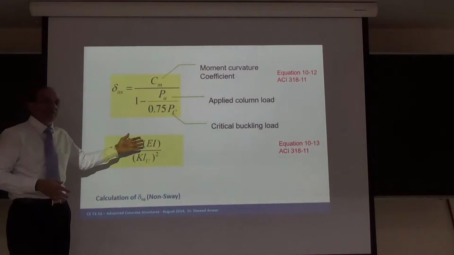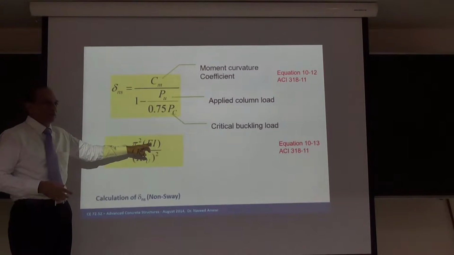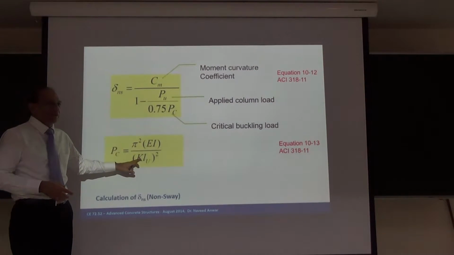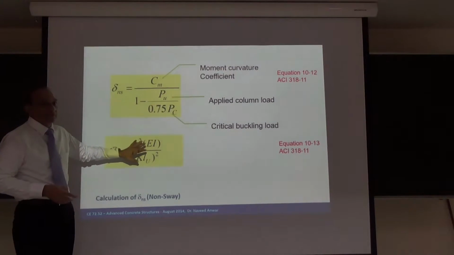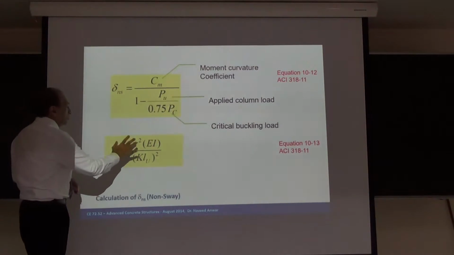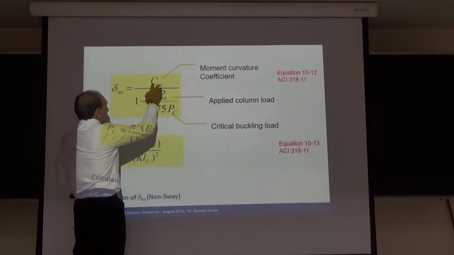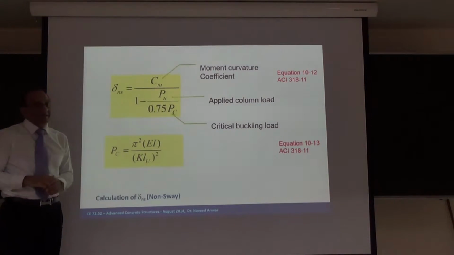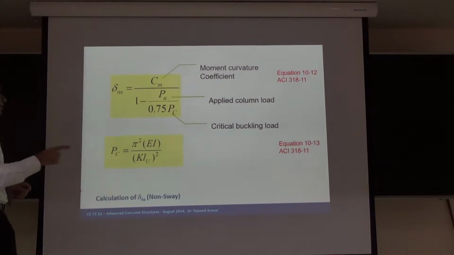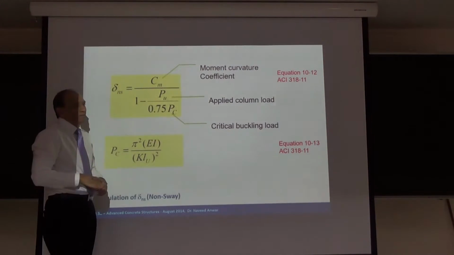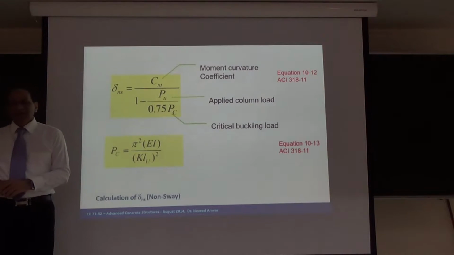Of course, codes have simplified the EI calculation, I showed you last time. Also, K equations have been given, so you can use the simplified equations, but they are only simplified. In any case, we can use PC, we can put it here, and we can calculate delta NS. So delta NS can be calculated, but as you can see, it must be calculated for each load case.